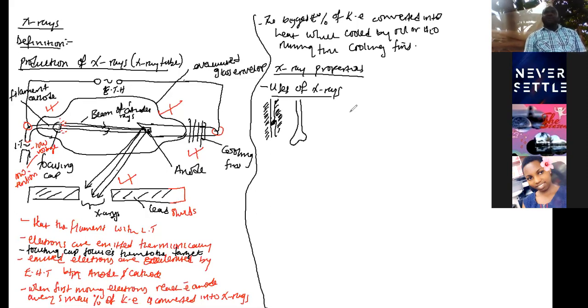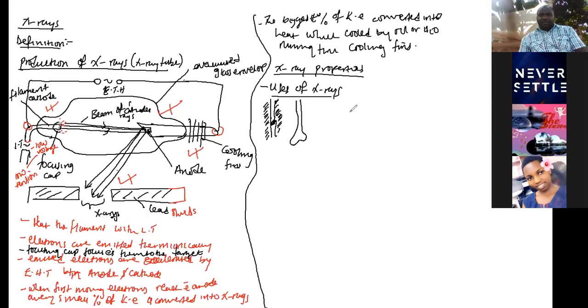Then also finally, we can also use X-rays to determine any foreign bodies or foreign particles in a human body. For example, you have been under an operation. If the operation was intense, and maybe they forgot some blades in your stomach, in your body. They use X-rays to scan the entire system after an operation.